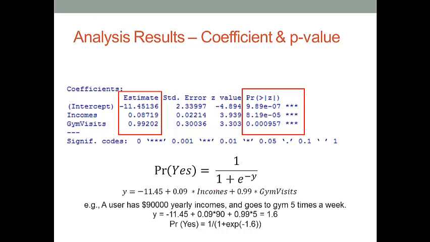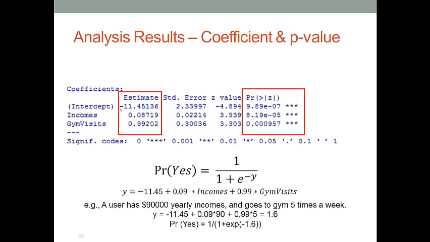The way of calculating the probability of getting a yes answer is the same. It equals to 1 over 1 plus e with the power of -y. But the way of calculating y is different now. We have to look at the report from the analysis result.